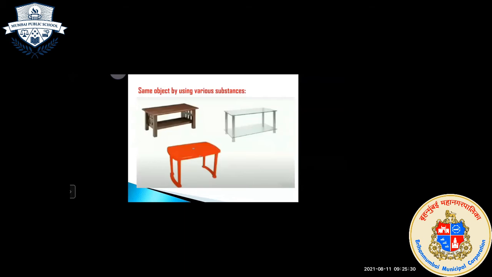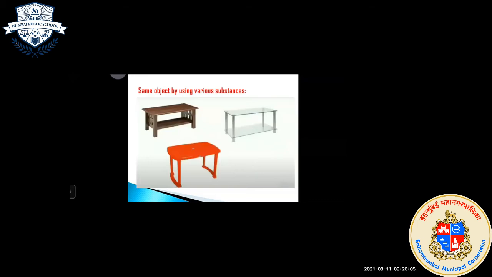Now, in previous slides, we have seen that substance was one, but the objects were many, isn't it? But here, object is one, that is the same object, but the substances are different. Understood? So here a table is given, and that table is an object, but we can make it from wood, from plastic, and from glass also.